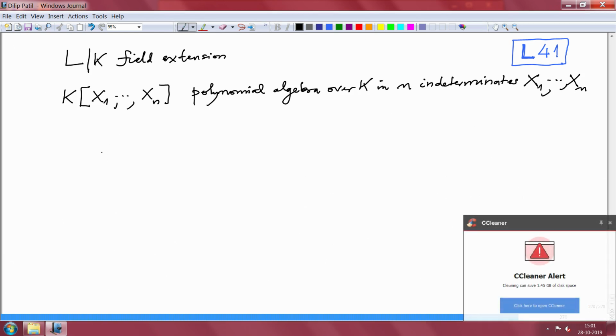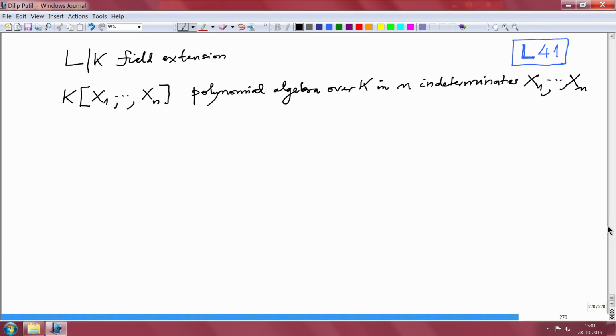And for any ideal, we have defined, for any ideal A. Let us abbreviate this polynomial algebra by R. So for any ideal A in R, we have associated a subset of L^n. That subset I have called V_L(A).